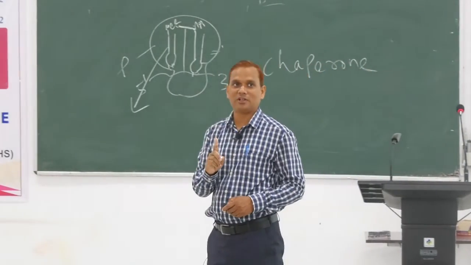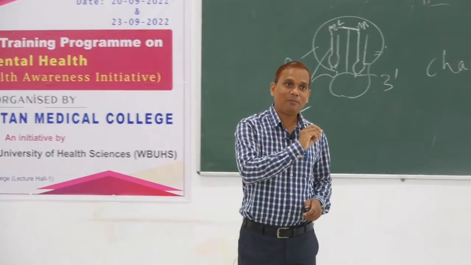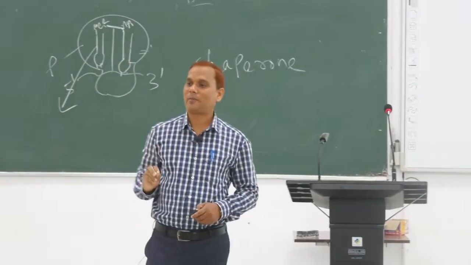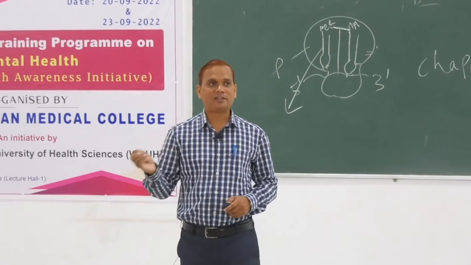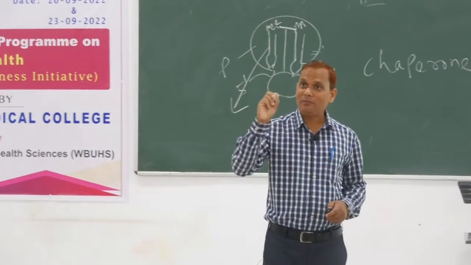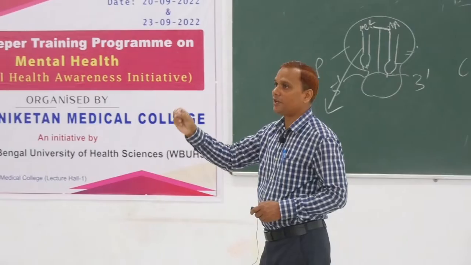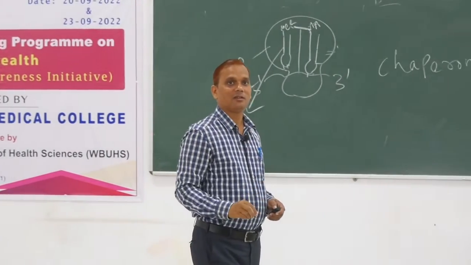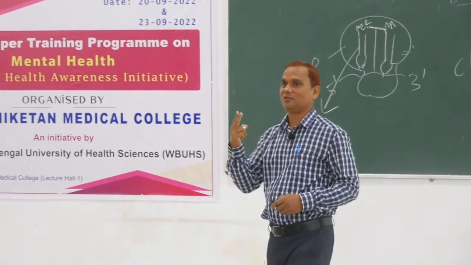MCQ or 1 mark question may come. What is that question? Name the vitamins which are required for post-translational modification. That is your PG question also, or in the final exam, a 1 mark question may come. Which vitamins?